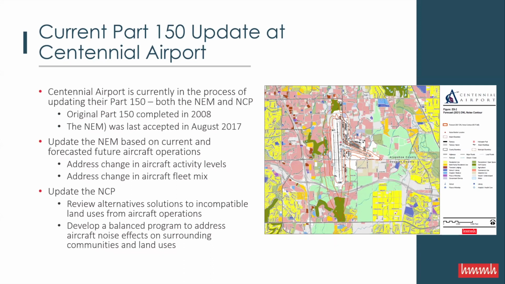Typically Part 150 for the noise exposure map includes 2 years. One is the year of existing conditions, so the year representing current conditions when you submit the NEM to the FAA for review. And then the FAA is basically wanting to see 5 years out from that.